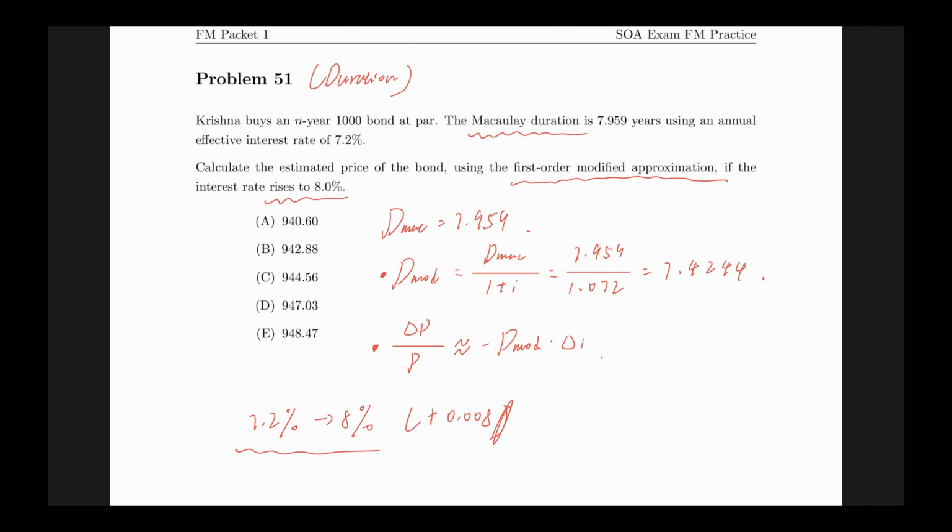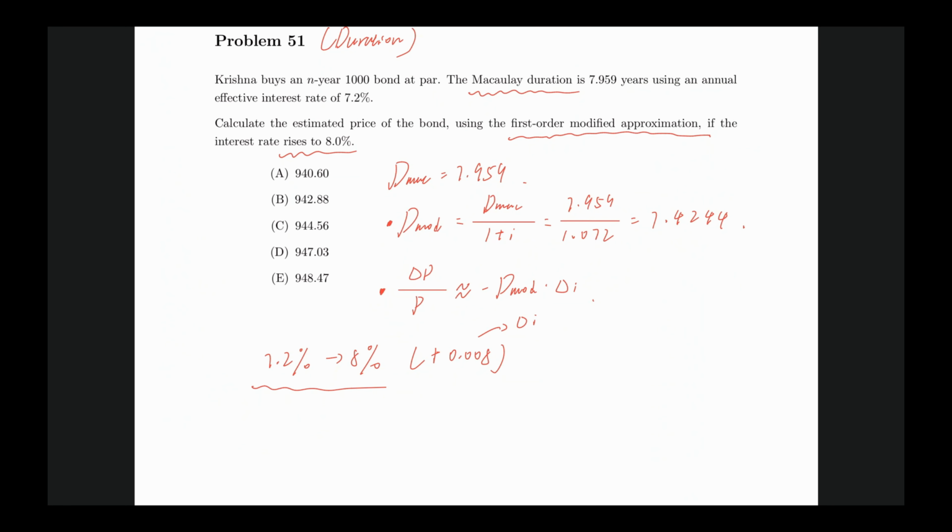So this is our change of interest. Okay, so I think we already have everything we need. So the change of the price over the price. Notice that the price here is the original price, 1,000. It's approximately equal to the negative D mod times the change of the interest.